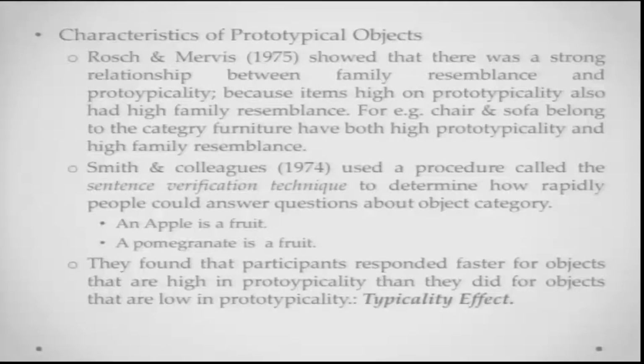Now, the amount of time people take in responding to these sentences determines whether these sentences are about prototypical things or less prototypical things. This is pretty much what they found: participants would respond faster for objects that are high in prototypicality and slower for objects that are low in prototypicality. This was referred to as the typicality effect and has been shown to occur in a wide range of participants across a variety of experiments.